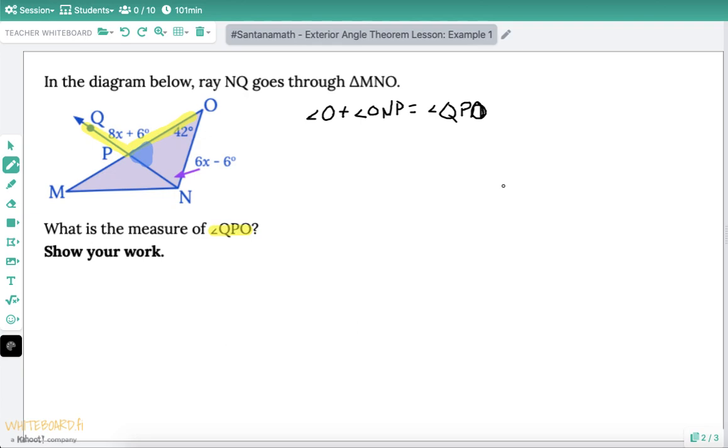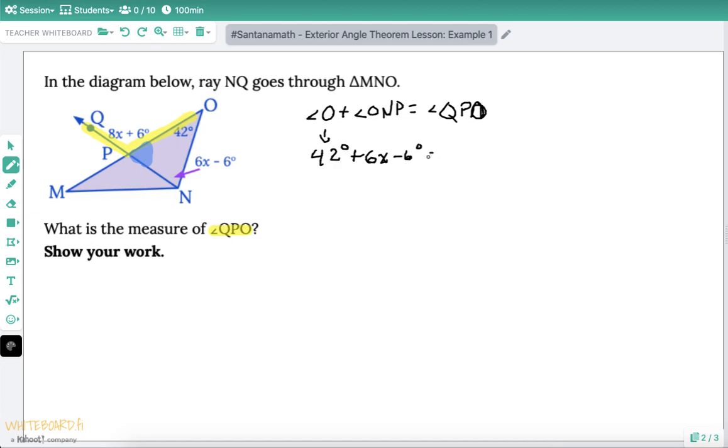Okay, QPO. So angle Q is represented by 42 degrees. And we have to add that to angle ONP, which is this one over here in the purple. So that's 6x minus 6 degrees.